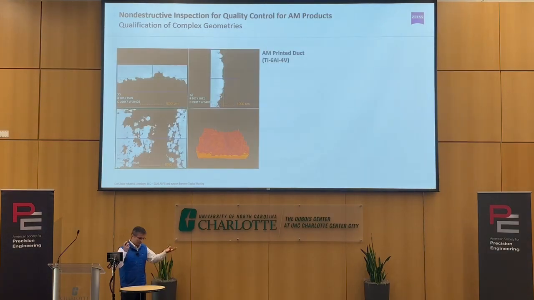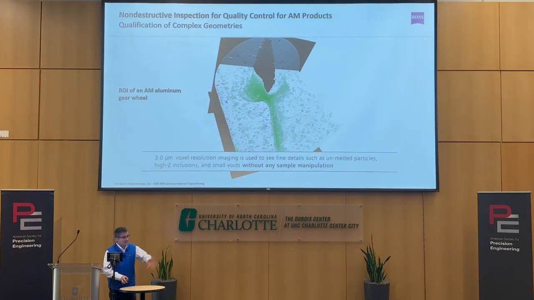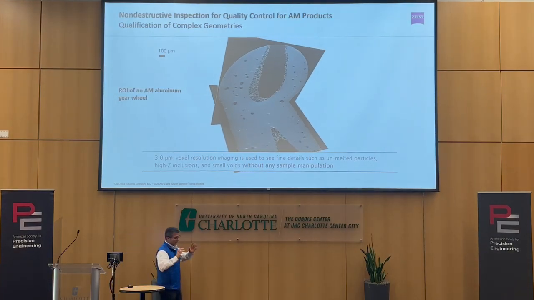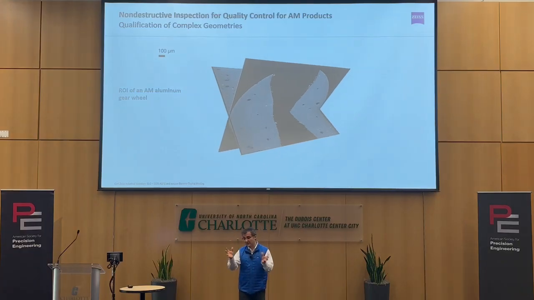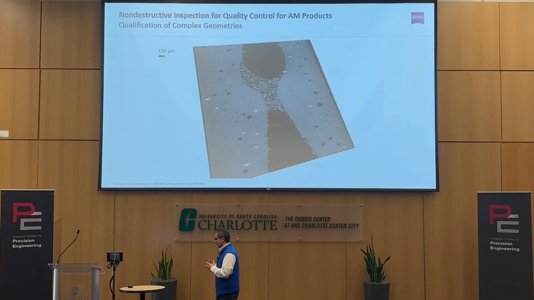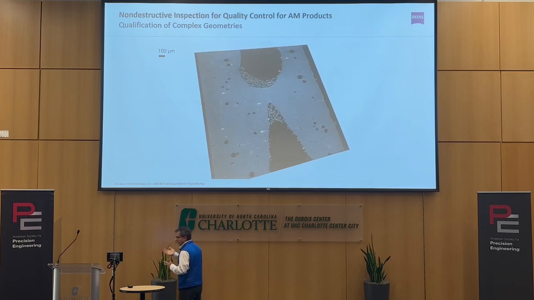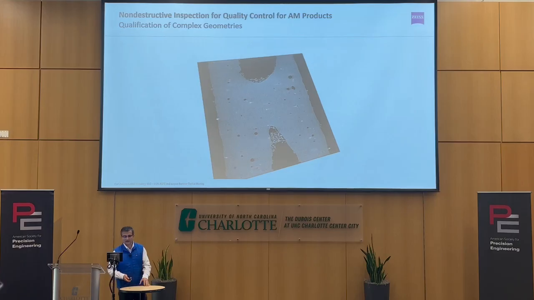And you're very familiar with additive manufacturing, so you know what they can do. They can do inspection for structural integrity, internal defects, porosity, surface roughness. And once you have the data, you can do all these kinds of cool videos where you can see the three-dimensional data with all the porosity, particle inclusions, or powders that haven't been melted during the process.